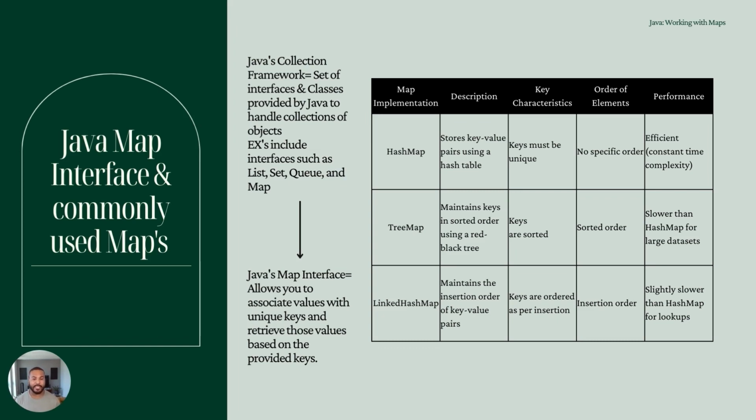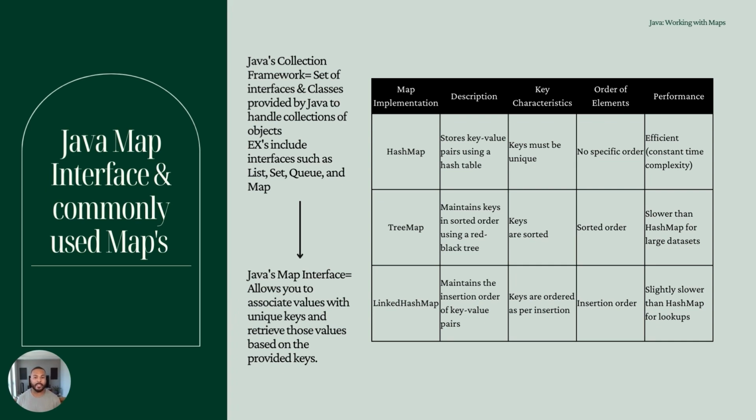The HashMap does not maintain any specific order for the keys, making it ideal for scenarios where the order of insertion or access is not critical.